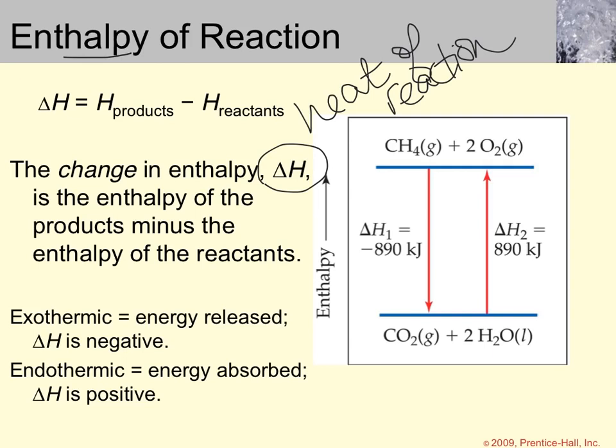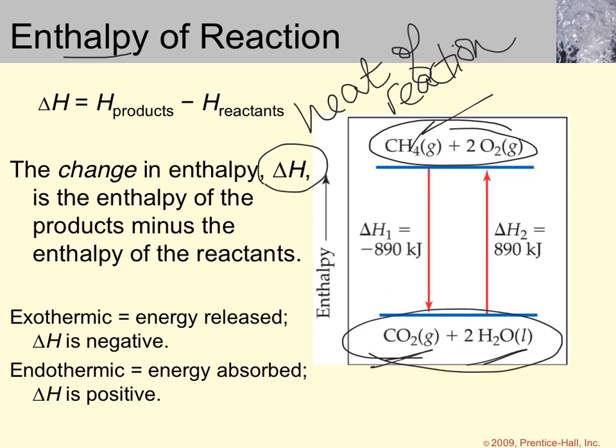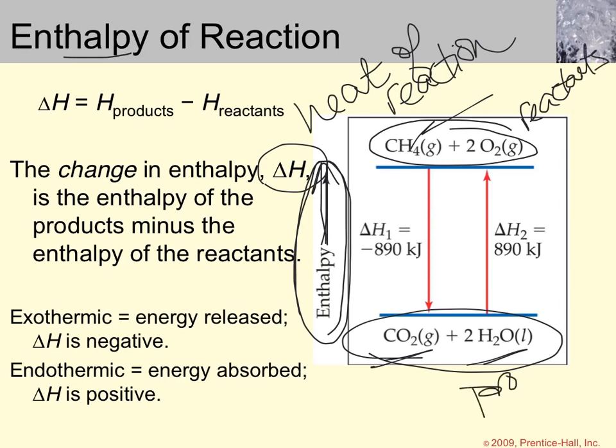So let's look at a reaction, for example. Let's say we were burning natural gas or methane, and the products of complete combustion are always carbon dioxide and water. If you look at this diagram, enthalpy is a form of energy, as is entropy. With enthalpy increasing along the y-axis, you can see that the reactants of this combustion reaction are at a higher energy than the products.